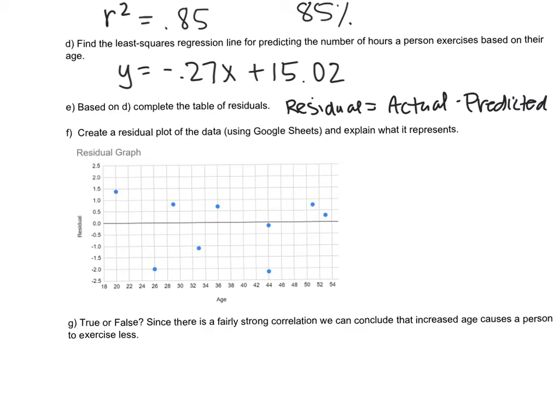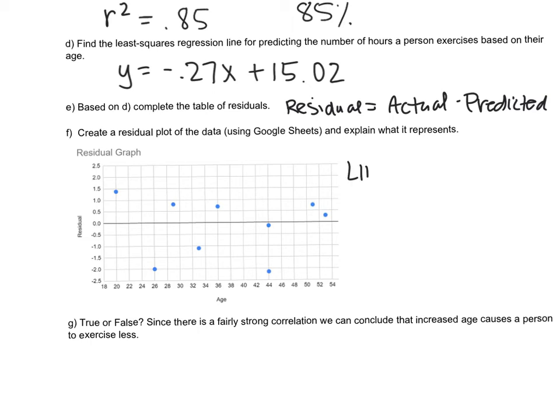You can choose however you want your axes to go up by, but you have to make sure whatever you choose, you can see that 0 for the residuals. So remember, when we're looking at a graph for our residuals, we want to make sure that our residuals are graphed randomly. As long as they're graphed randomly, it means that our linear regression equation is a good fit for our data. So I'm looking here, my residuals don't seem to form any sort of pattern.